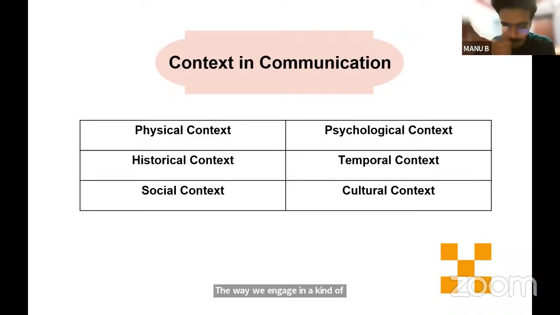The way we engage with city people will be different from the way we engage with village people. People from the rural area might not digest a lot of ideas of the city people, or in some cultures, some gestures are a kind of insult. So these are all context. Context determines our way of communication. I think you got the idea about context.